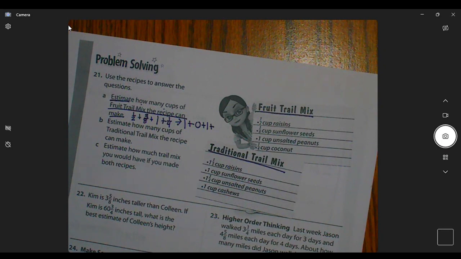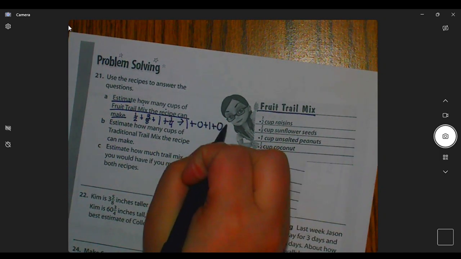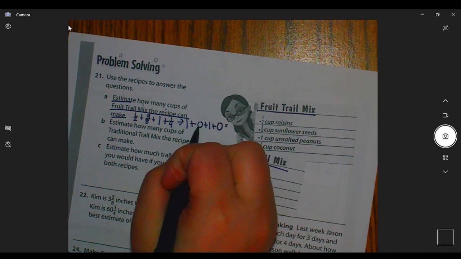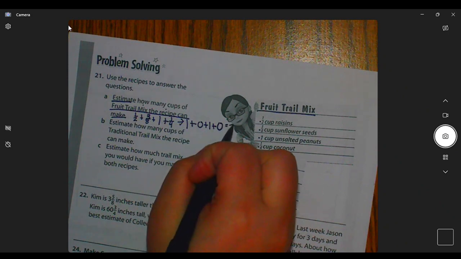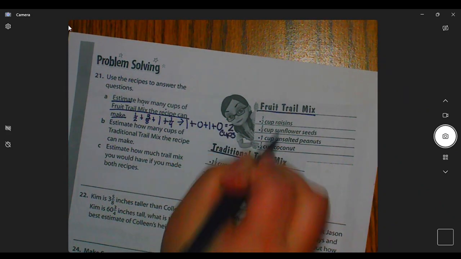If you said 0, you are correct, because it is only one piece being used. So 1 plus 0 plus 1 plus 0 equals 2 cups. So the fruit trail mix makes 2 cups.